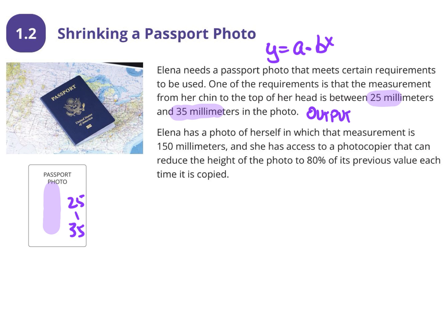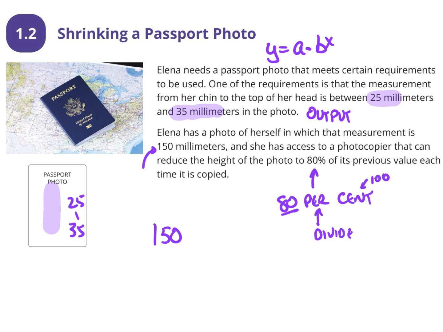Her initial, this is the initial, so I think this is our a, and b is a percentage. You cannot put percentages into an equation, so we have to change this into a number. 80% literally means divide, and cent literally means 100.